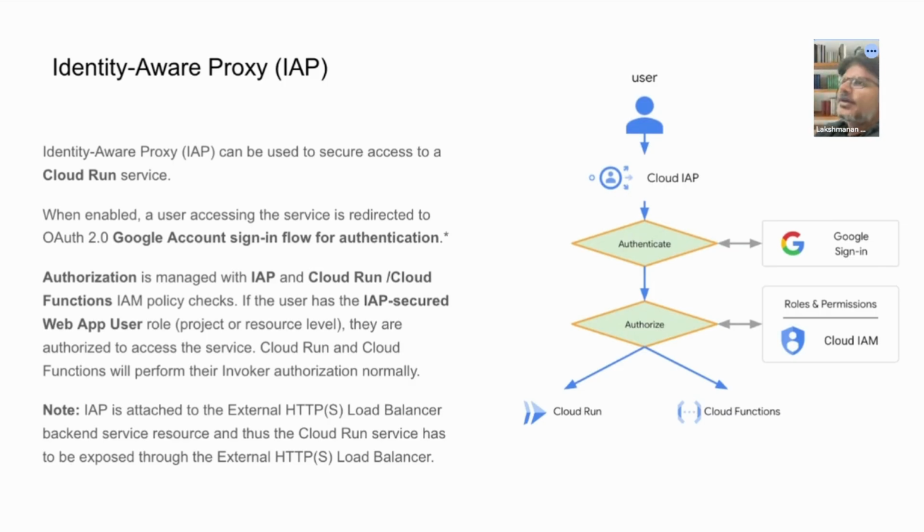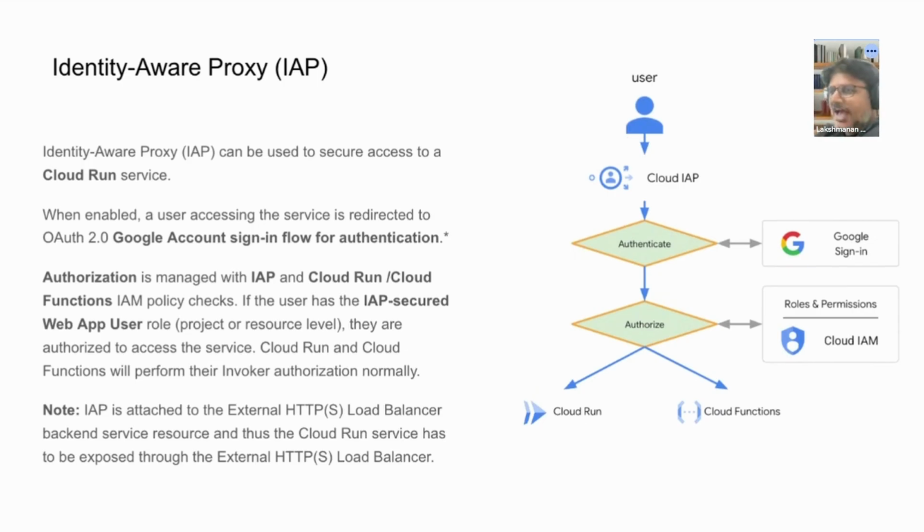Right. IAP is a very interesting feature, and I've seen very few people use it as it is intended. What IAP does is it sits along with the load balancer, and when a request comes in, it first validates it.